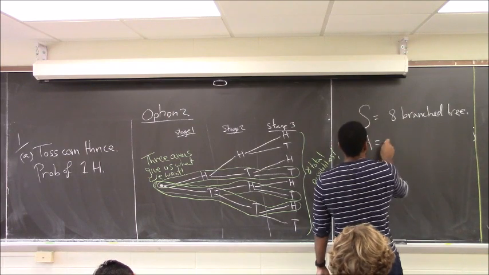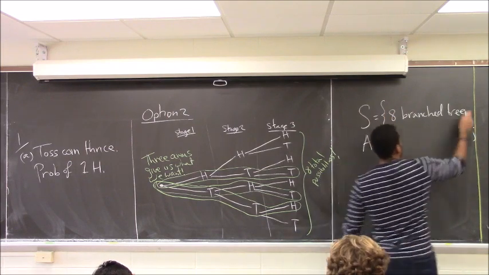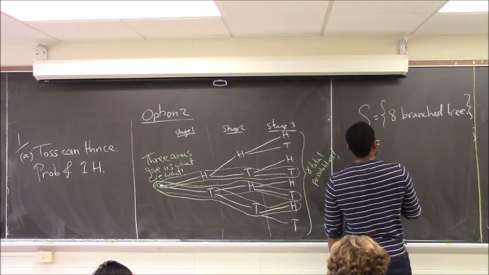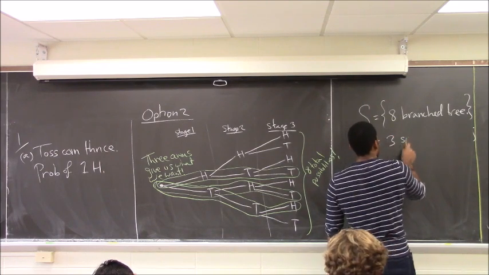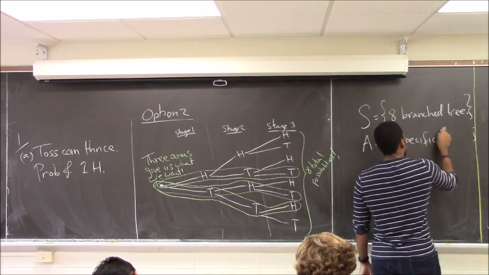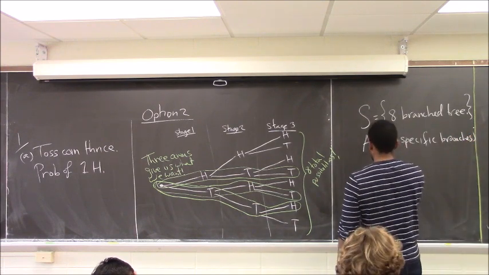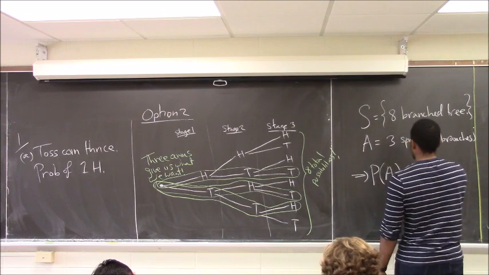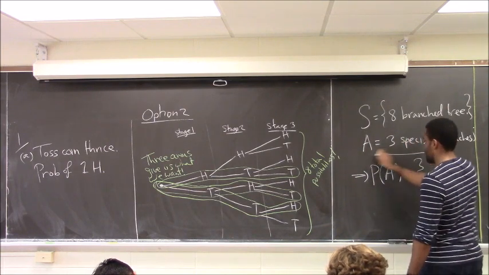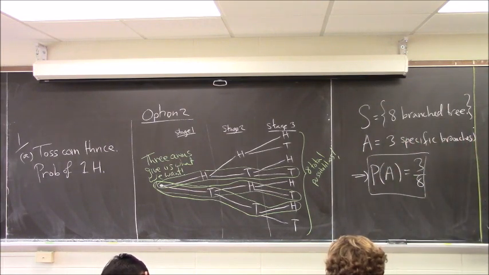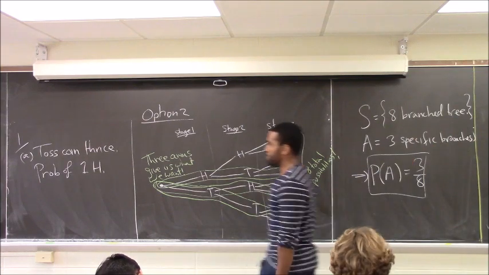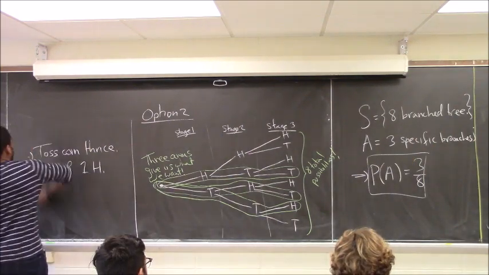My A would be there are 3 specific branches in the tree. So this would mean that the probability of A is going to be 3 out of 8. There's another way you could have visualized it.